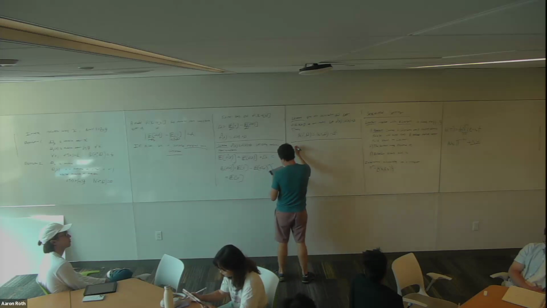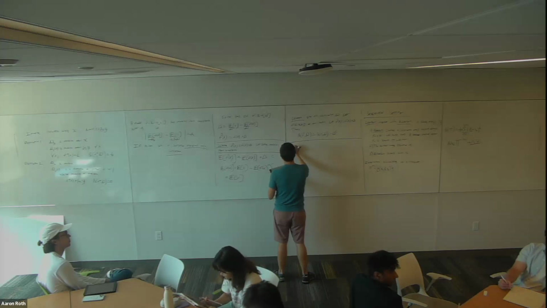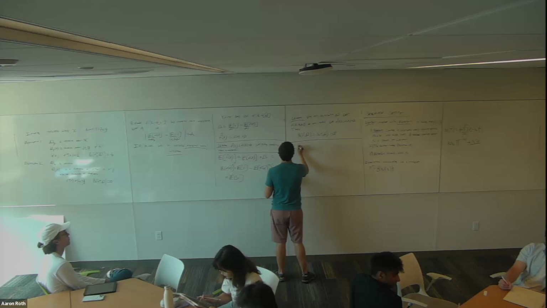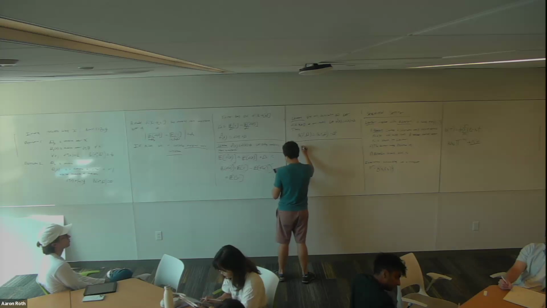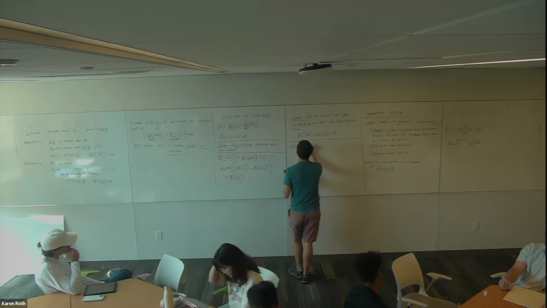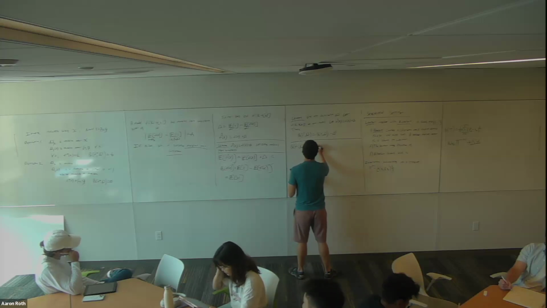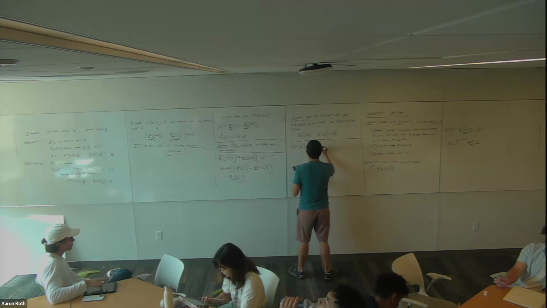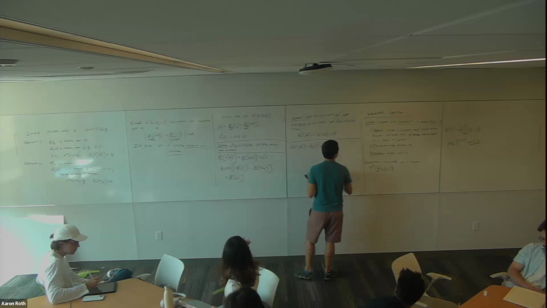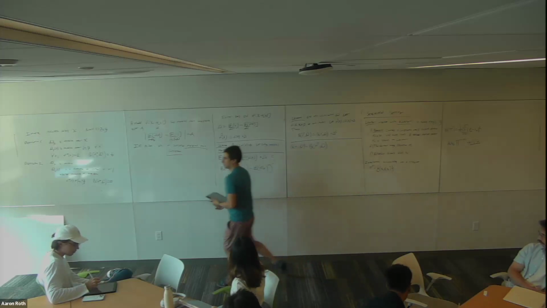Okay, so what is this? Let's look at the difference between the squared error of f and the squared error of f hat. We want to exactly bound this thing.